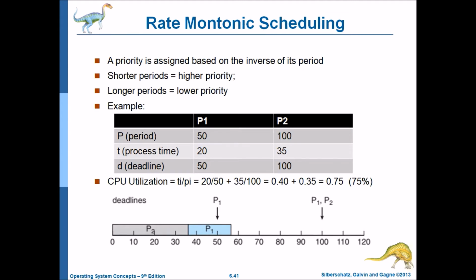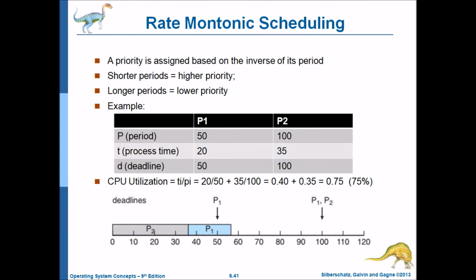The rationale behind this policy is to assign a higher priority to tasks that require the CPU more often. Furthermore, rate monotonic scheduling assumes that the processing time of a periodic process is the same for each CPU burst. That is, every time a process acquires the CPU, the duration of its CPU burst is the same.